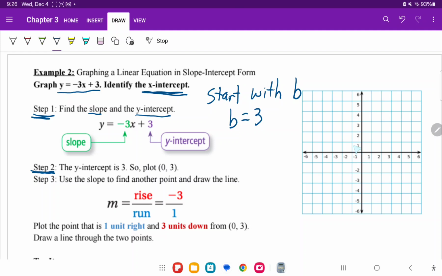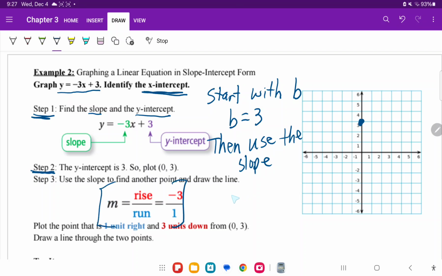All right, so where's this? 1, 2, 3. It's right there. So we're going to plot that first. So start with b, then use the slope. Now, they give you an example right here of what we're supposed to do with that.